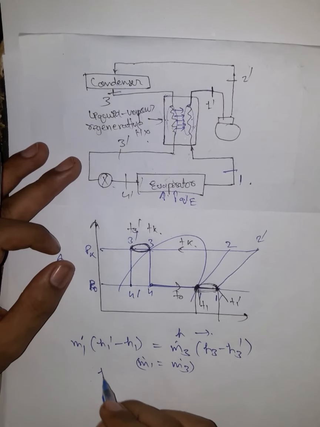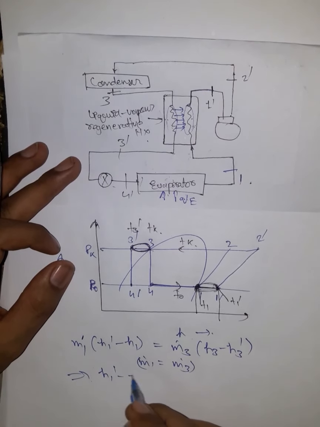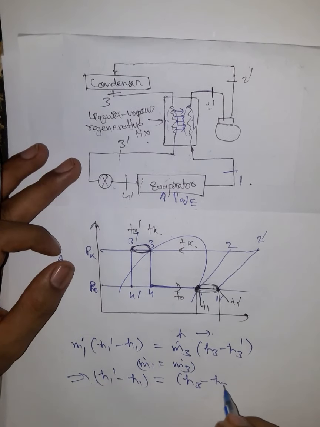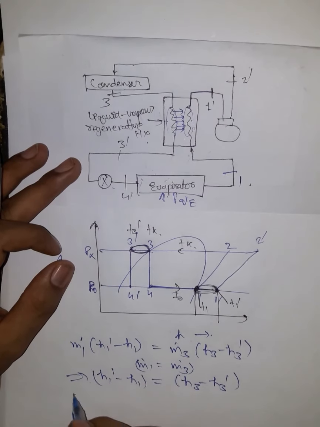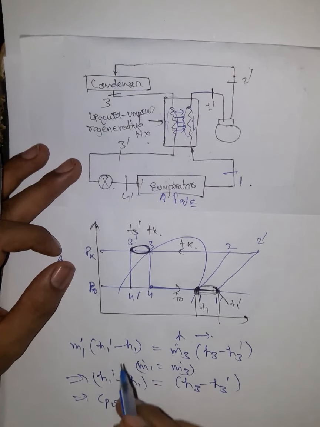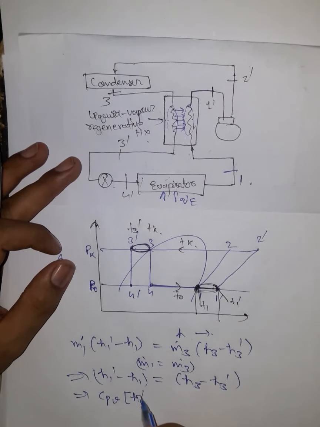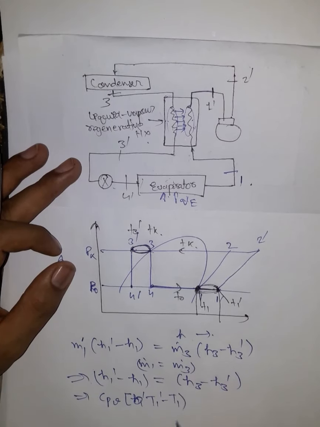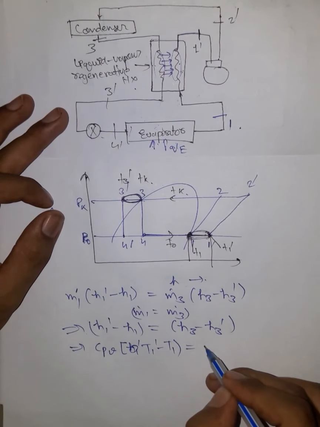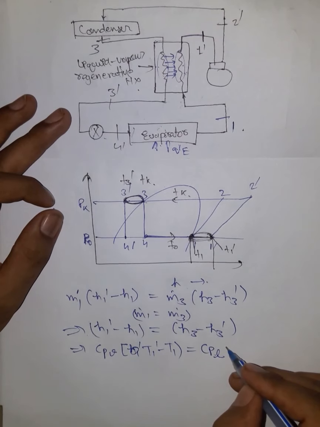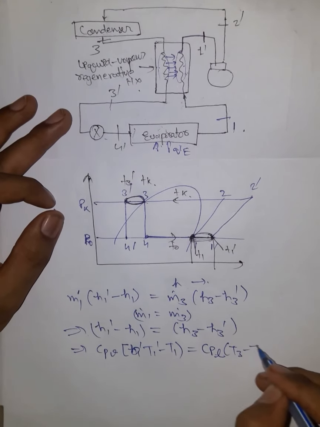So we have h1 dash minus h1 equals h3 minus h3 dash, which can also be written as Cp vapor, because this is the superheating in the vapor region, times T1 dash minus T1, which equals Cp liquid in this case, because this is the subcooling, times T3 minus T3 dash.